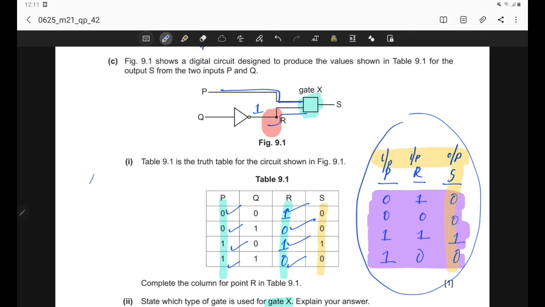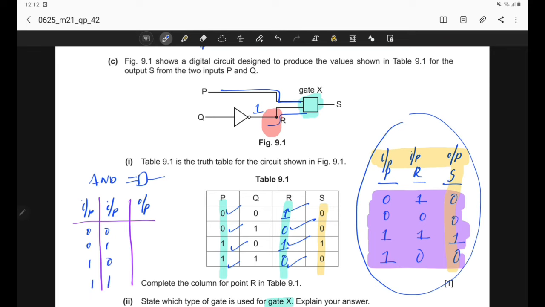For an AND gate, the truth table is: the different input options are 0 0, 0 1, 1 0, 1 1, and only for the combination when both inputs are 1 will we get 1 as the output. All others will be 0, and here also we can see that we are getting 0 for all the combinations except 1 1.